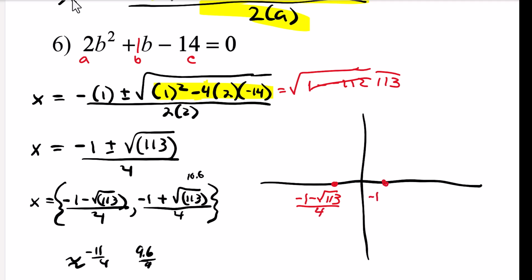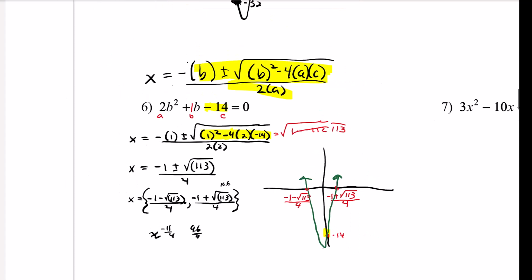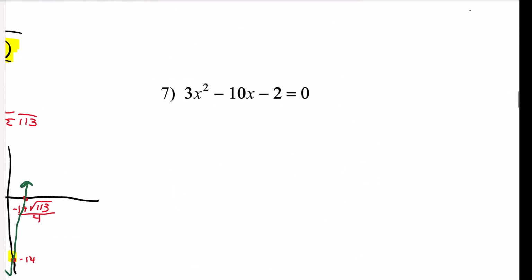This might be negative 1 plus root 113 divide 4. So we know it touches down here at negative 14. So maybe the graph looks something like this. That's probably close enough for what we're doing today.